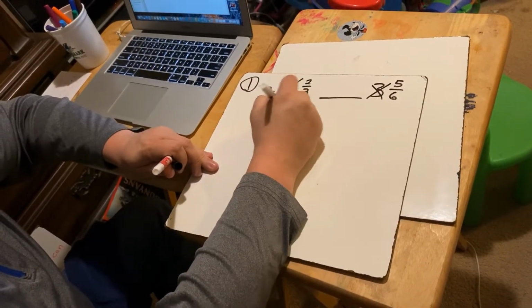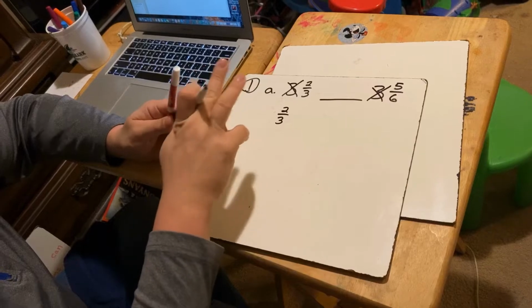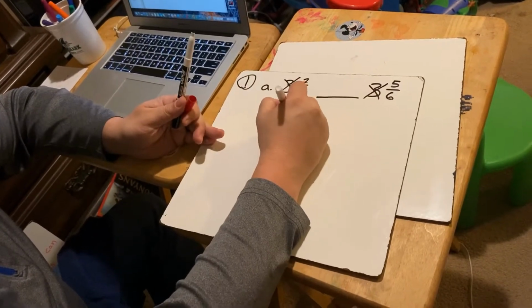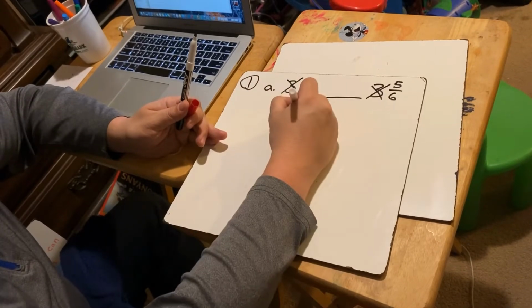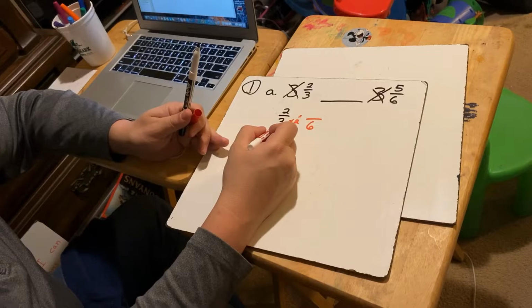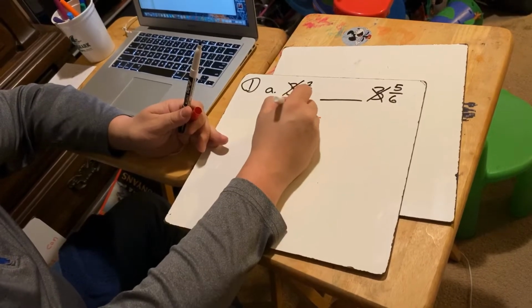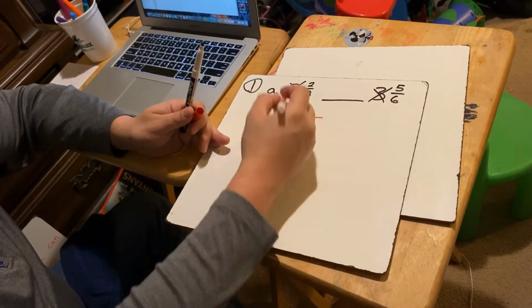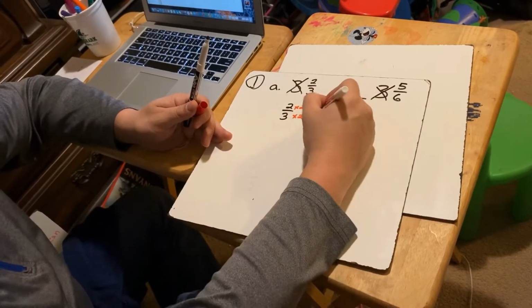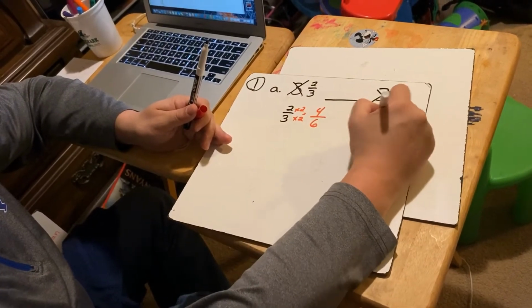I've got 2/3, and I'm going to multiply that by 2, because 3 times 2 equals 6. And you remember, whatever I do to my denominator, I have to do to my numerator. So if I multiply my denominator by 2, I have to multiply my numerator by 2, and that's going to be 4/6.